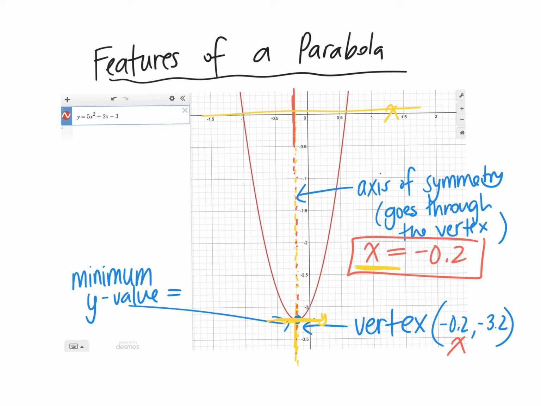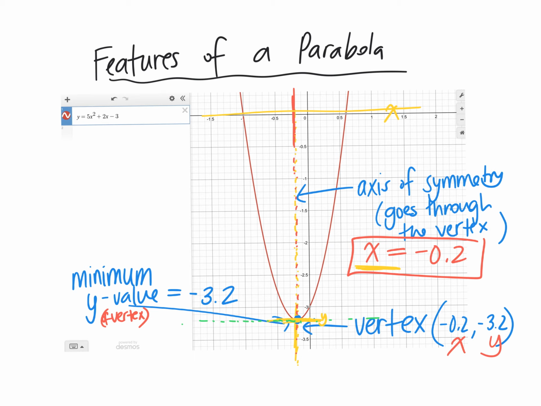It's the y value of the vertex. So the minimum y value is negative 3.2. The parabola will not go lower than negative 3.2 on the graph. So there's two things that the vertex tells you: the axis of symmetry and the minimum or maximum value.